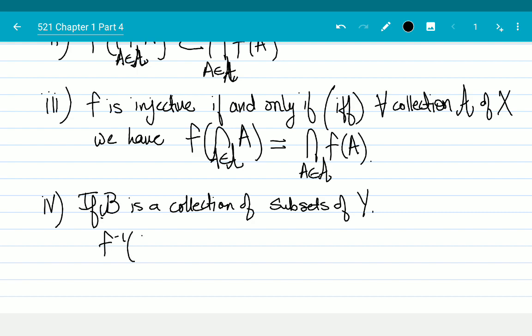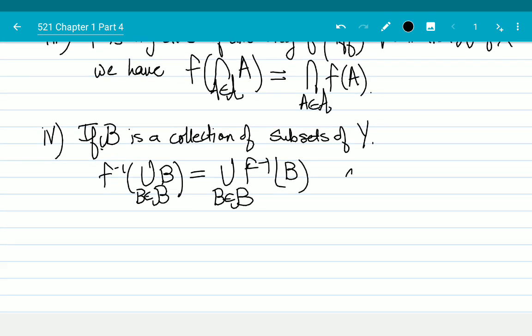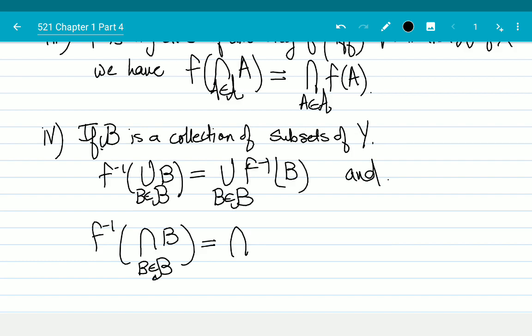F inverse of the union over B in ℬ of B is equal to the union over B in ℬ of F inverse of B, and F inverse of the intersection over B in ℬ of B is equal to the intersection over B in ℬ of F inverse of B. So both of these work nicely.